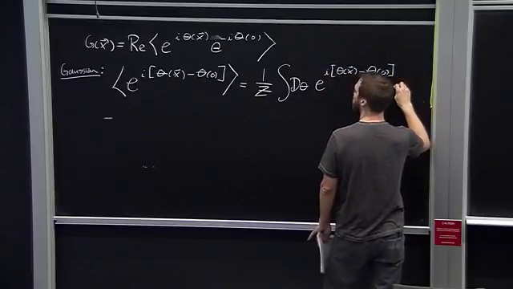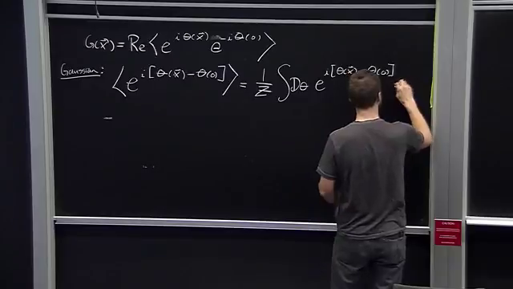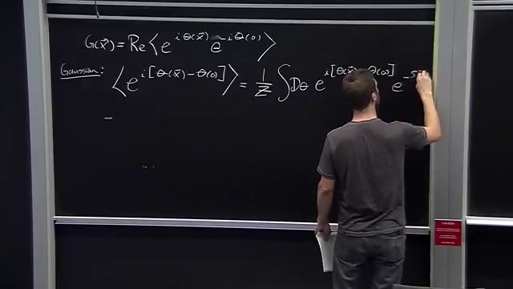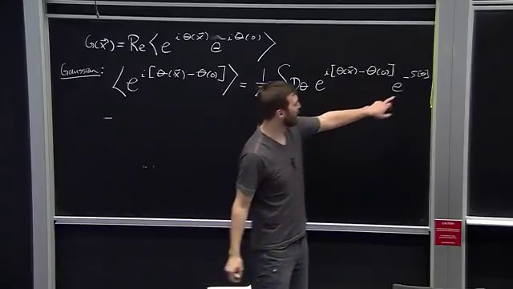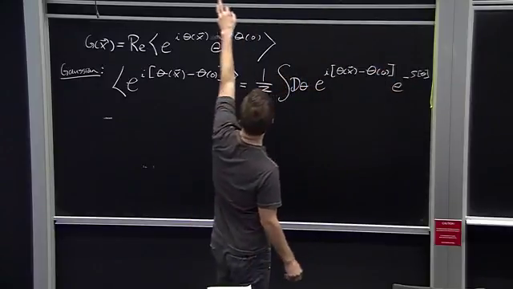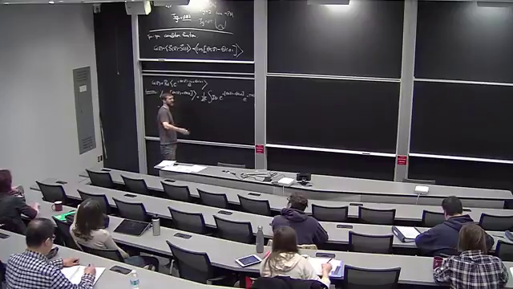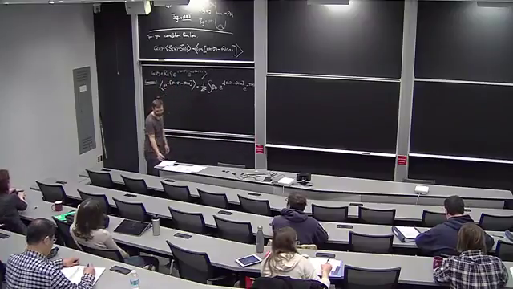Right, so that's the expectation value we want. It's 1 over Z, so we need e to the minus S of theta, where that would be my Gaussian Hamiltonian. I guess I've written it as H there, but it's also the action from the nonlinear sigma model.